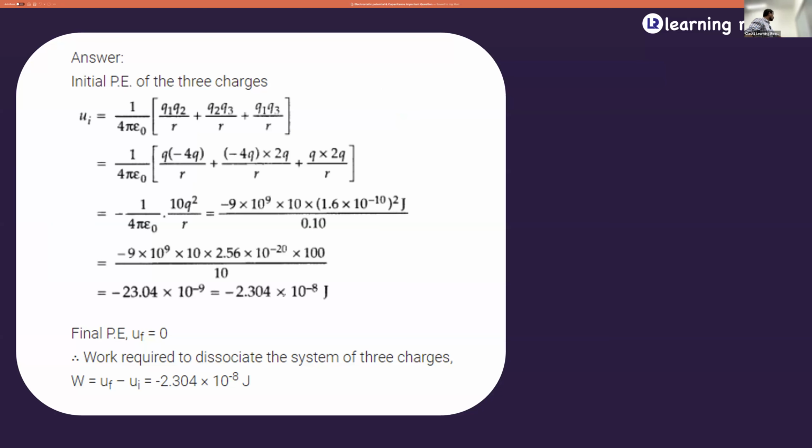Here in the solution, they have put Q as 1.6 into 10 power minus 19, but for us, the value is not given, so we need not worry about it.